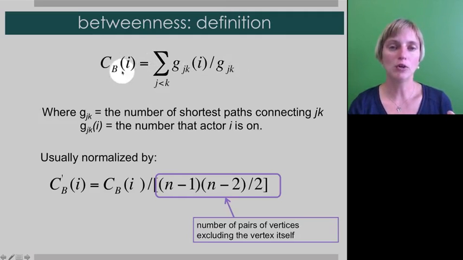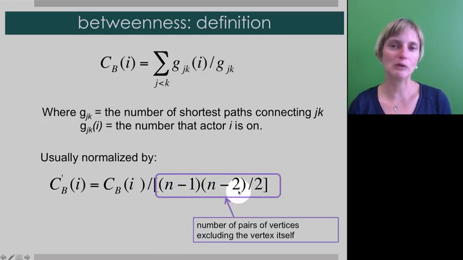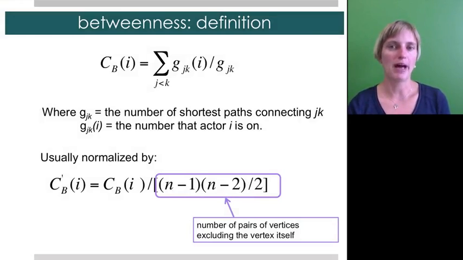And then your betweenness is the sum over all pairs of nodes J, K. And you can normalize this. Again, for betweenness, it might make more sense because these values can indeed become very astronomical. But you're just normalizing by the number of pairs of vertices, excluding I itself. So for what fraction of the other nodes are you on the short path?